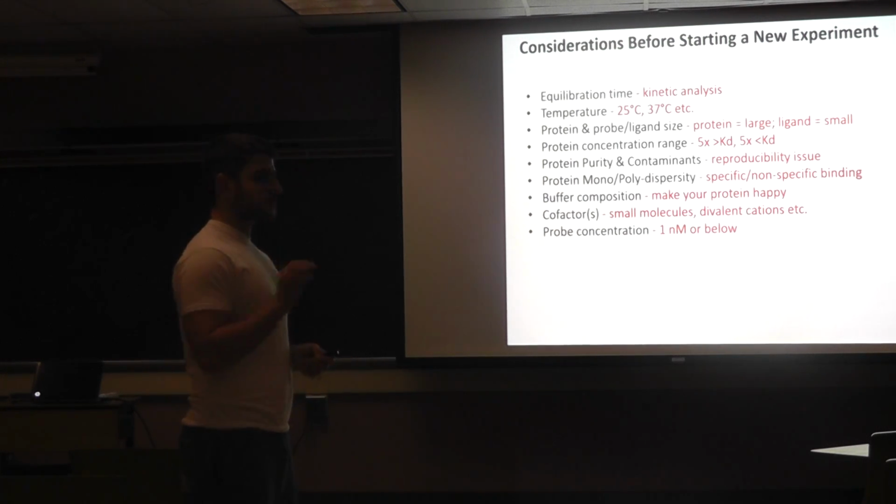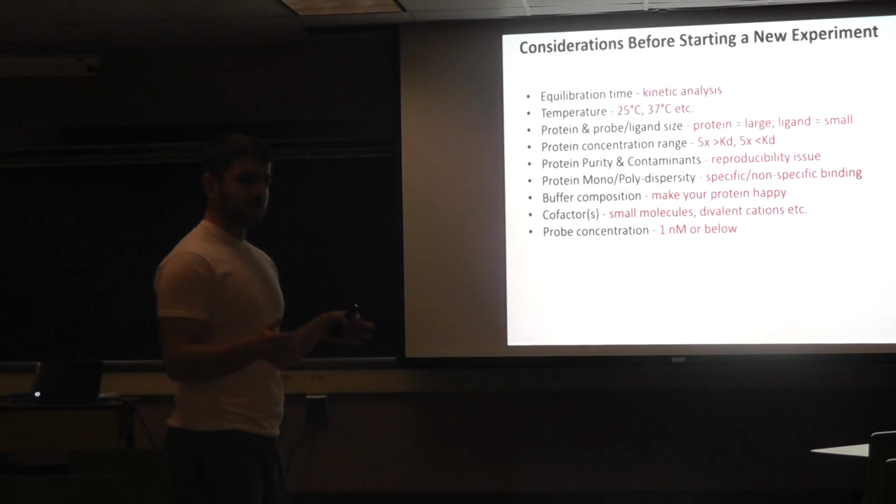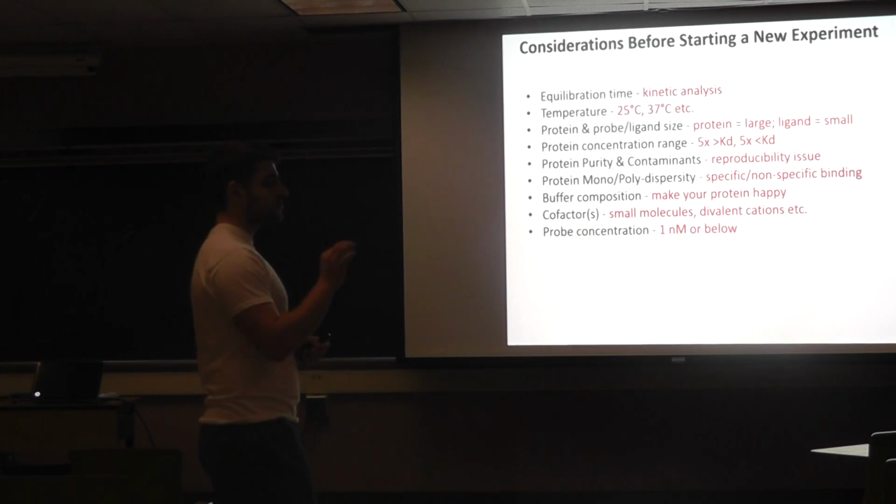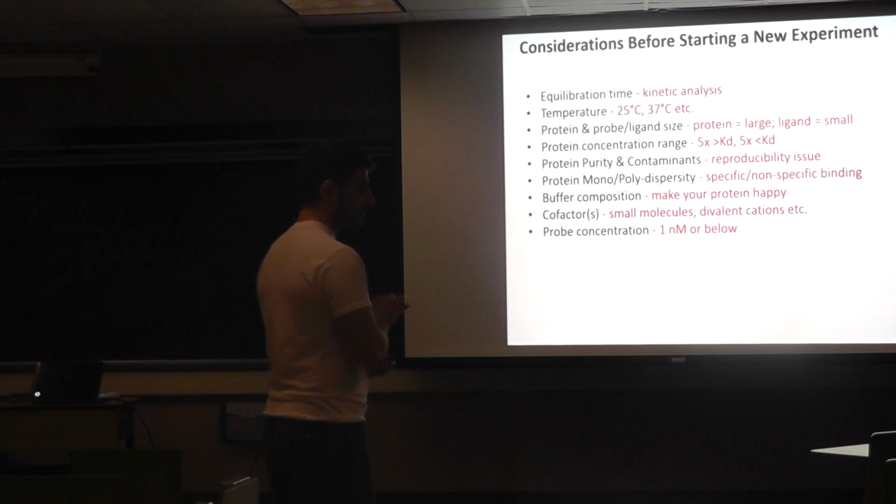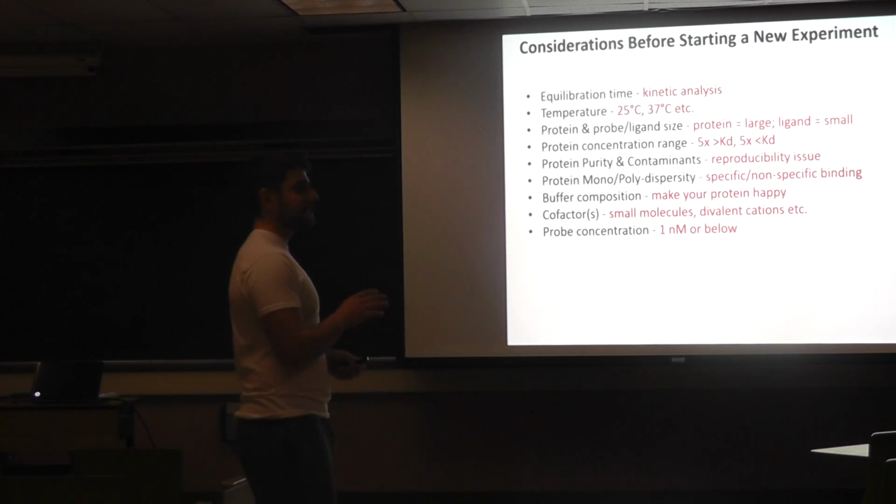So you're basically assuming that the complex being formed is so small that you can exclude it from your equation, from your model. So that's why it needs to be as small as possible, so that you can reliably say, yes, I assume that the complex being formed is so minimal that I can exclude it from my calculations.